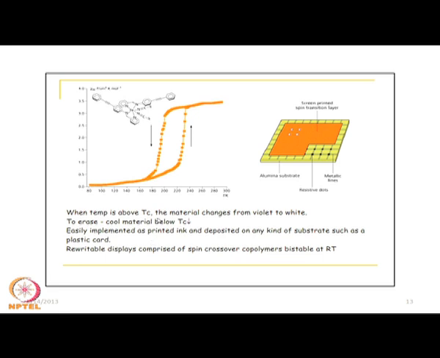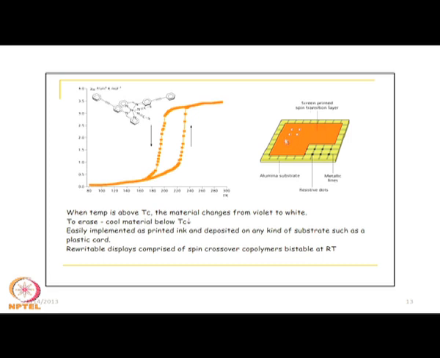When the temperature is above Tc, the material changes from violet to white. So, there will be a color change. To erase, cool the material below the Tc; there is a transition temperature which can be used for writing on the material. These are the latest technology, that people can use, skin printing based on the spin change.